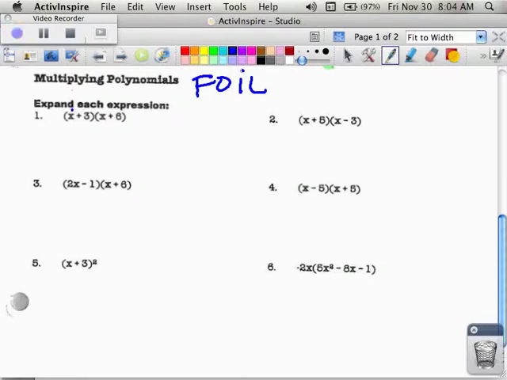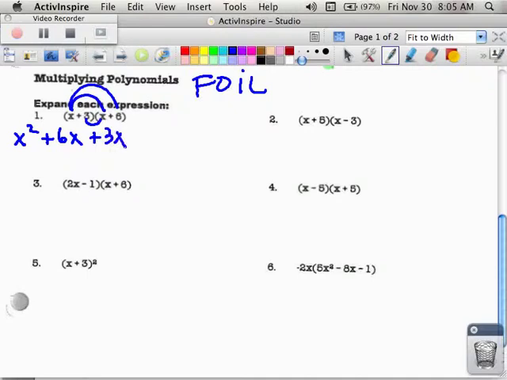So if I multiply the first terms, x times x, that's producing the x squared. If I do the outer terms next, that's x times 6, which is 6x. And then I do the inner terms, which is 3 times x, that's positive 3x.